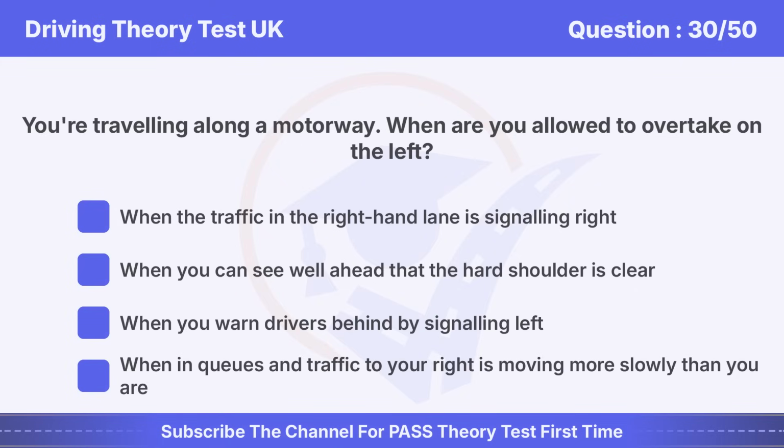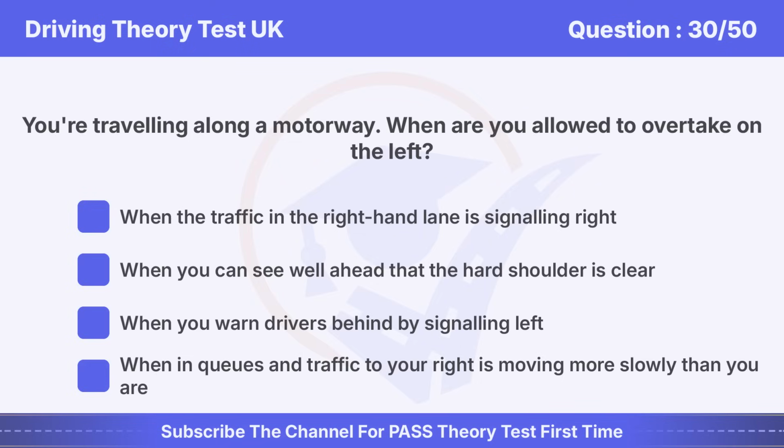Question 30. You're traveling along a motorway. When are you allowed to overtake on the left? Option A. When the traffic in the right-hand lane is signaling right. B. When you can see well ahead that the hard shoulder is clear. C. When you warn drivers behind by signaling left.